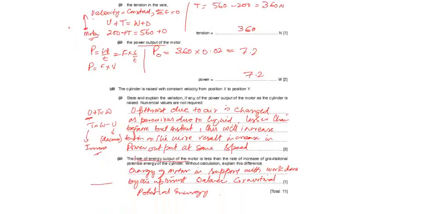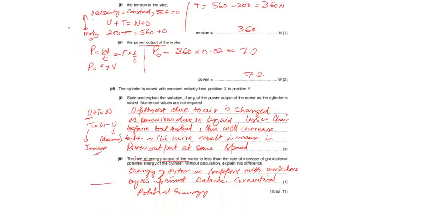So tension equals weight minus upthrust, which has now changed. Since the upthrust has decreased, the difference increases, so the tension is increased. The upthrust due to air is lesser than before due to the liquid, but constant.